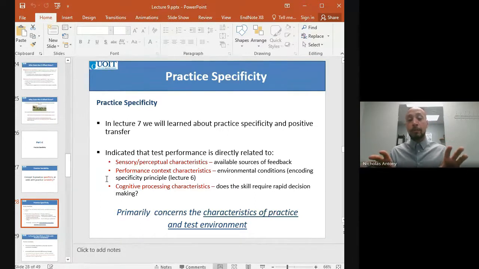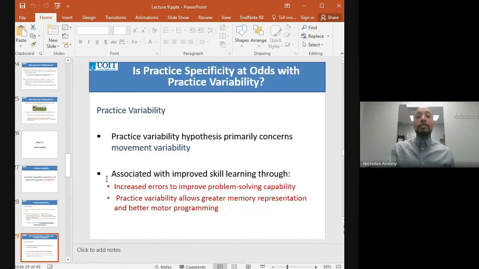Remember that example of concurrent feedback, or the people with crutches, that when they had the monitor telling them how much weight they were putting on their foot, it led them to become dependent on it. And so in the real life situation, they didn't perform as well because they became dependent on it and didn't learn. That's what practice specificity is talking about, the sensory processes. So when we're talking about practice variability, we're talking about the movement variations that they would see in real life. Does that make sense, everyone?